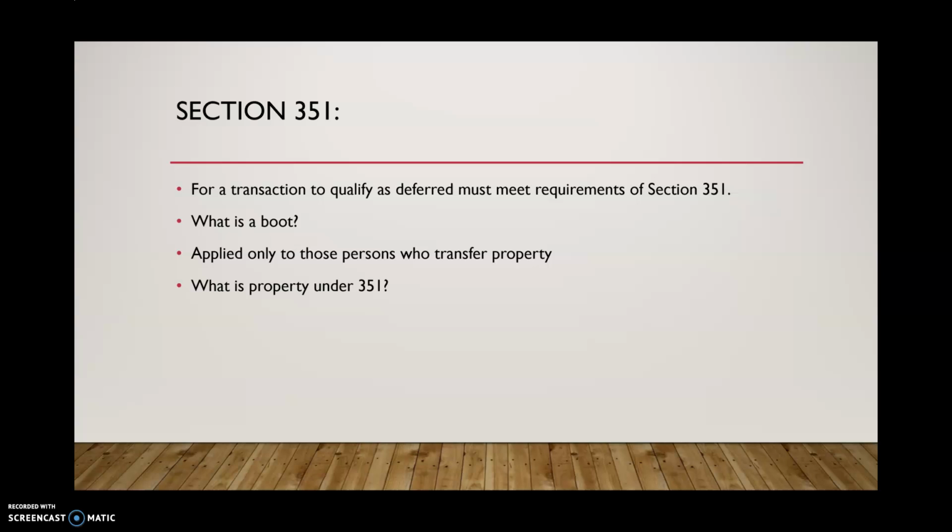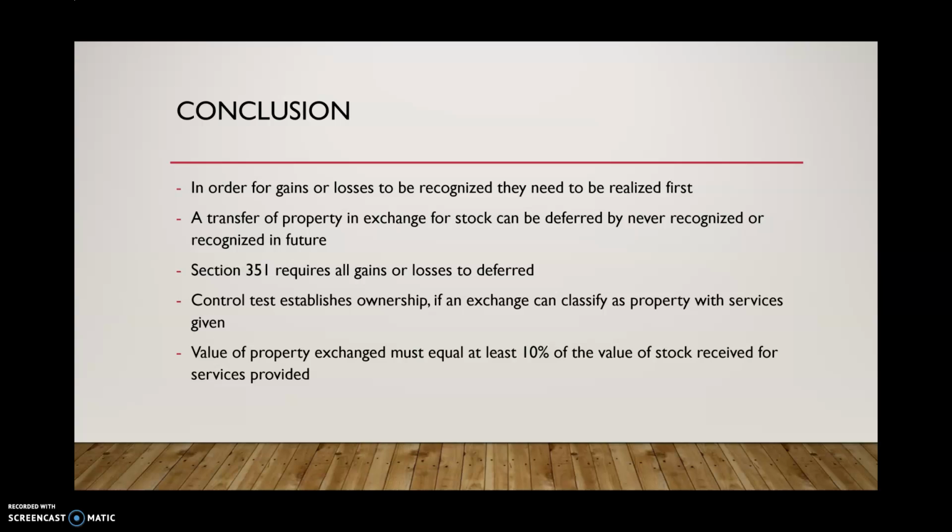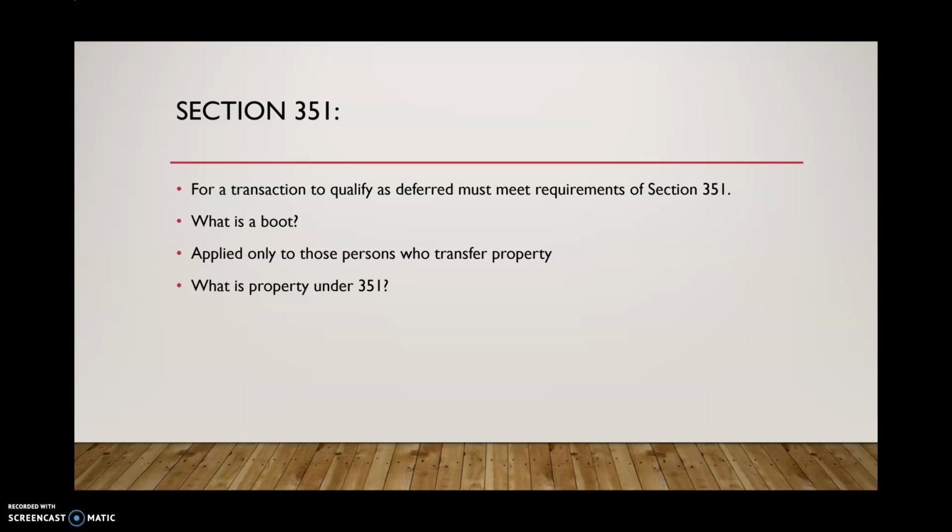Now, the code defines what a person can be, and that could be either an individual, a corporation, a partnership, estates, and trusts. Now, property included can be money, tangible assets, and intangible assets such as company name, patents, customer lists, trademarks, and logos.